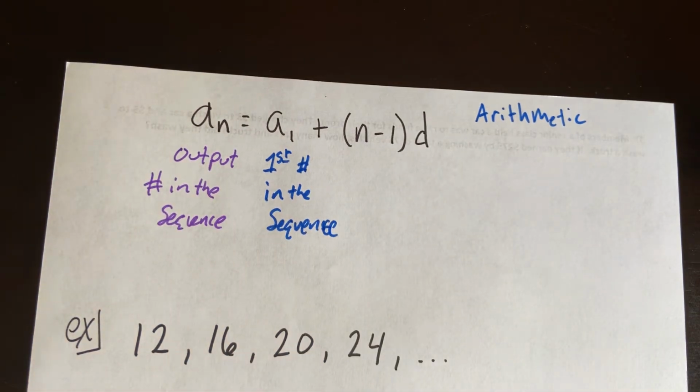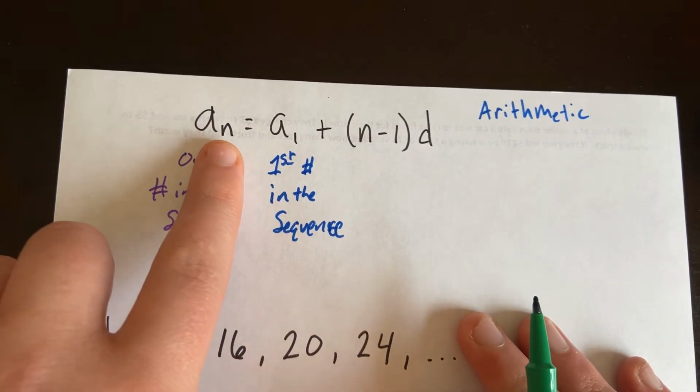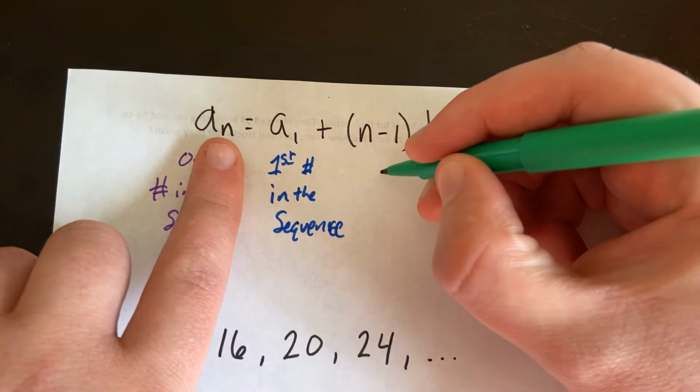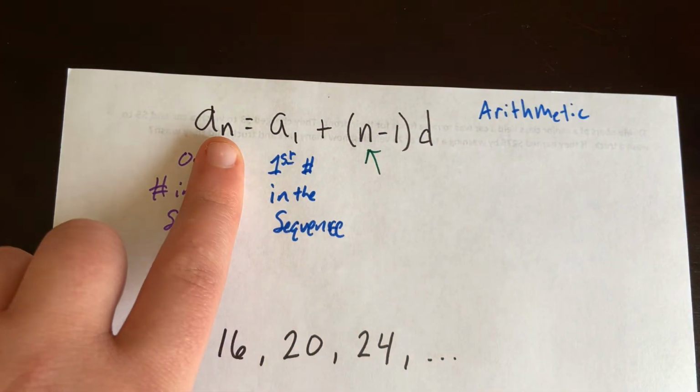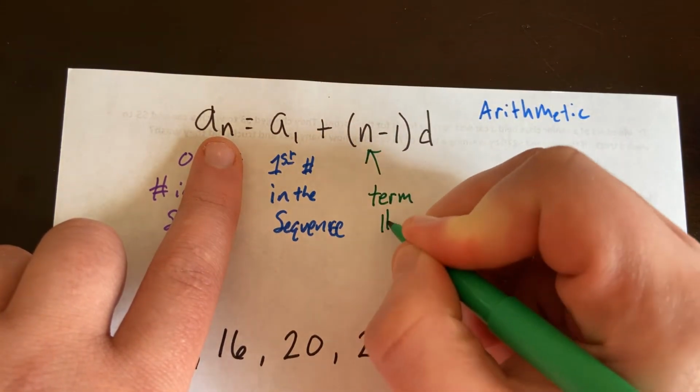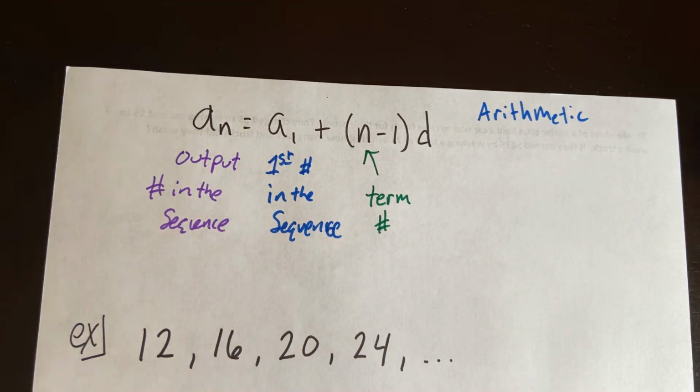This n is directly related to this n in the sequence a sub n. This is the term number. When we talked about this yesterday, these are your counting numbers. So this is your term number. We're going to use this a lot when we start having to predict what would be the 100th term of a sequence.